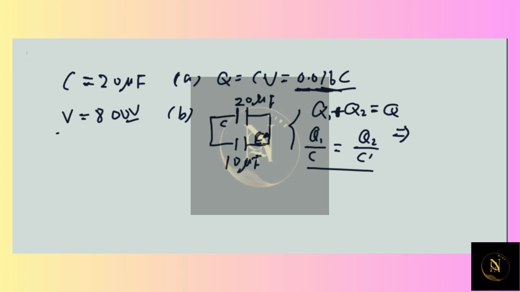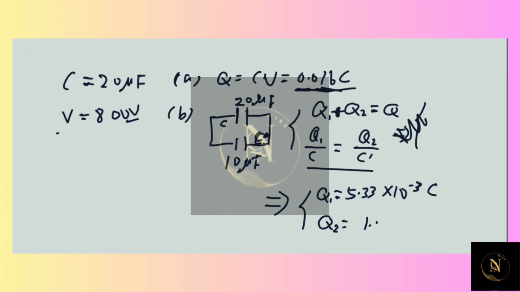And you will obtain that Q1 is 5.33 times 10 to the negative 3 coulombs. And Q2 is 1.07 times 10 to the negative 2 coulombs. All right.